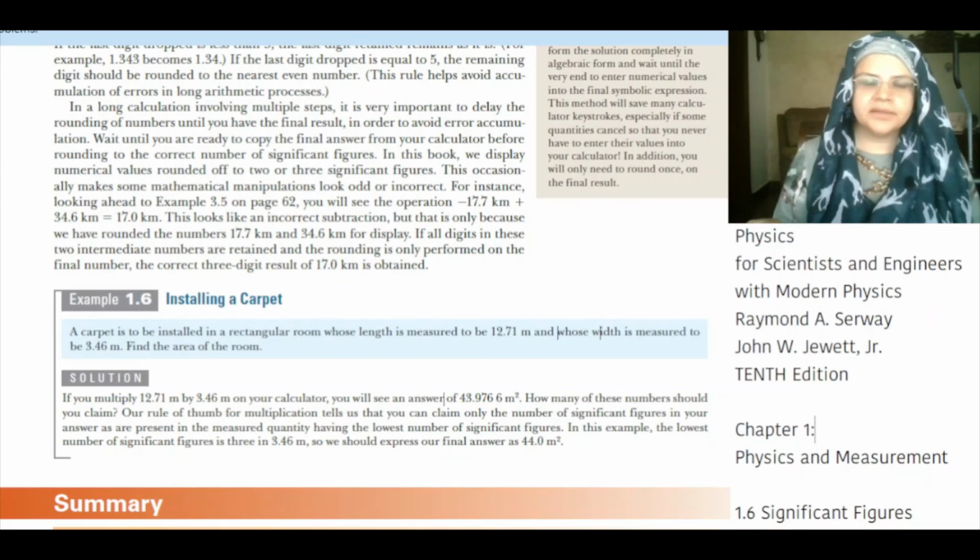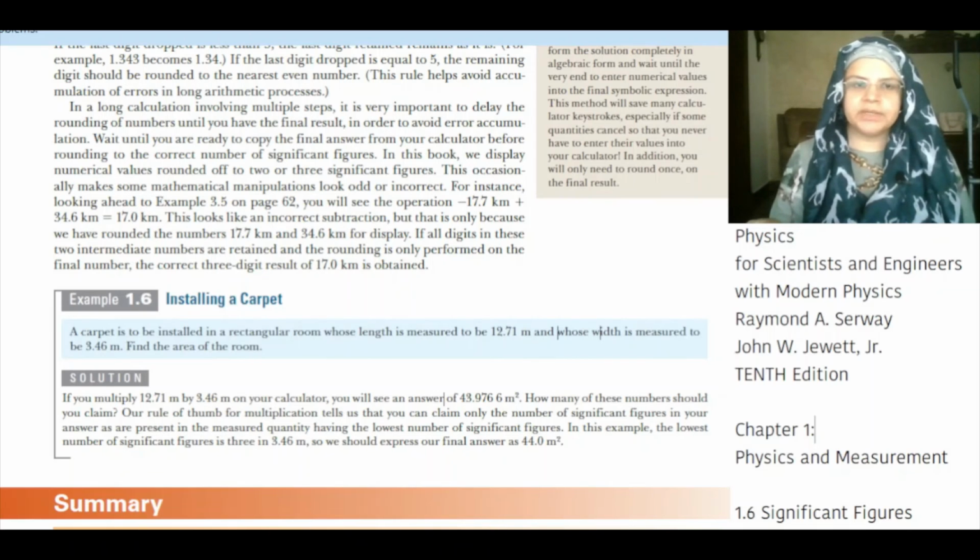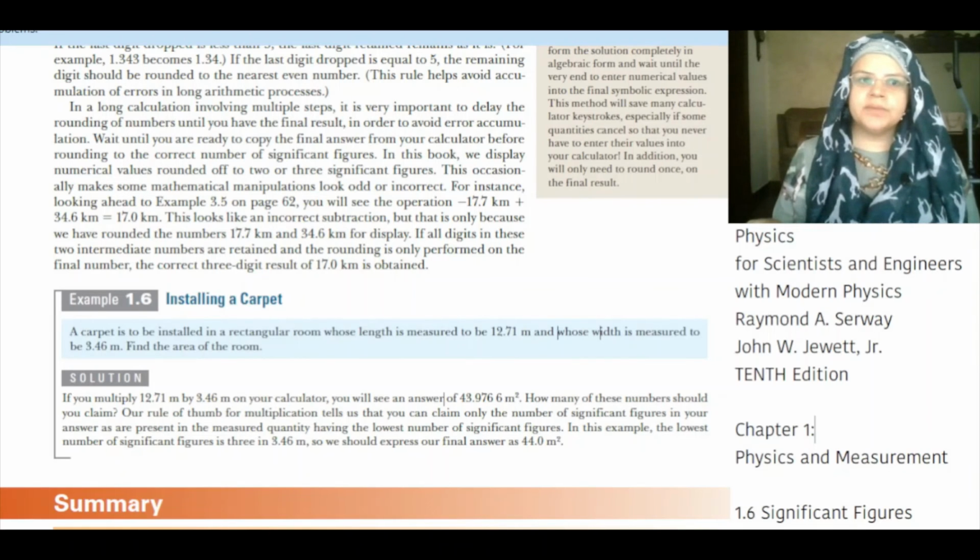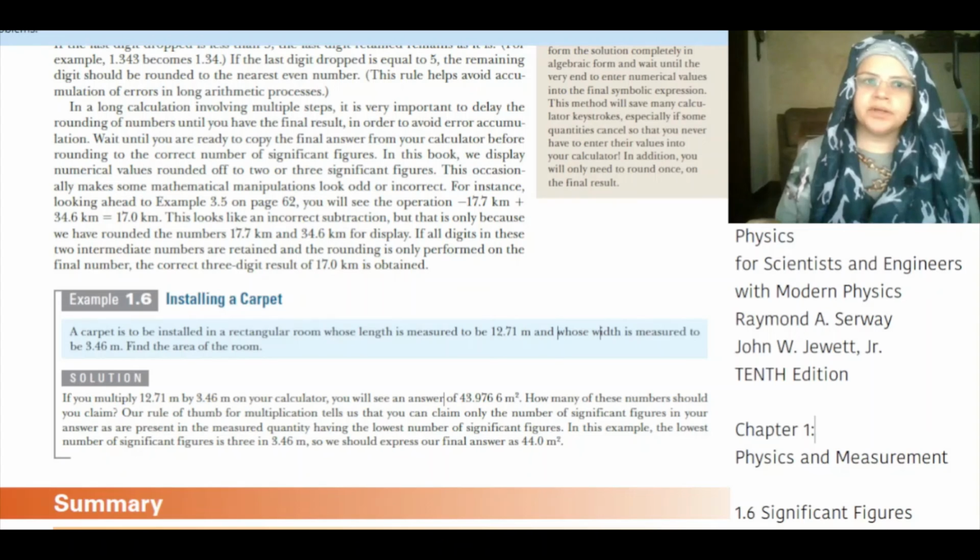If we subtract 34.6 km minus 17.7 km, we get the answer of 16.9 km. That is only because we are using the rounded numbers of 17.7 km and 34.6 km. If we had kept the original numbers, the final answer would have been 17.0 km.